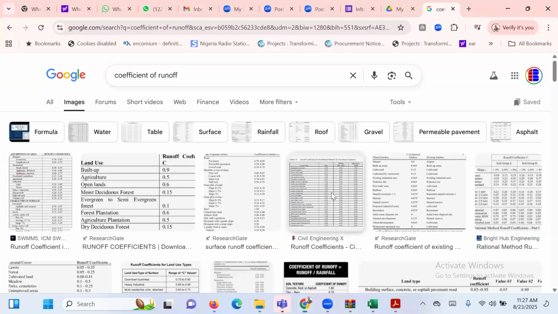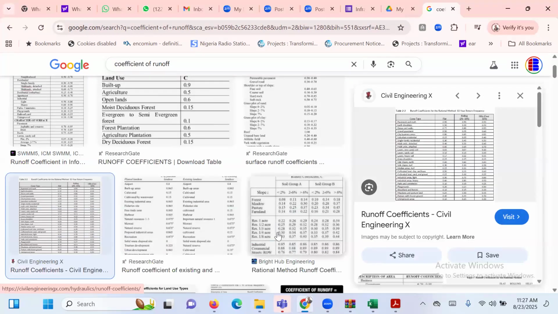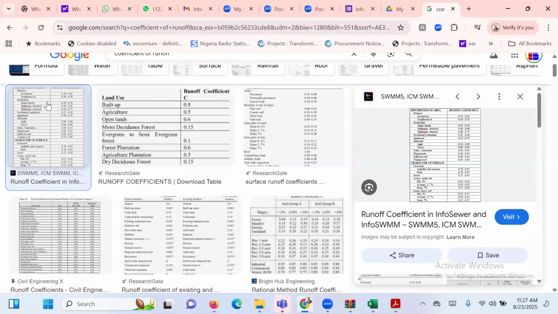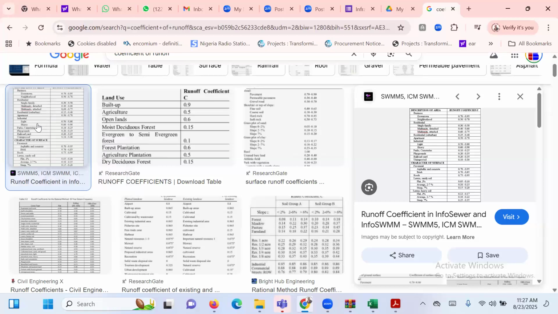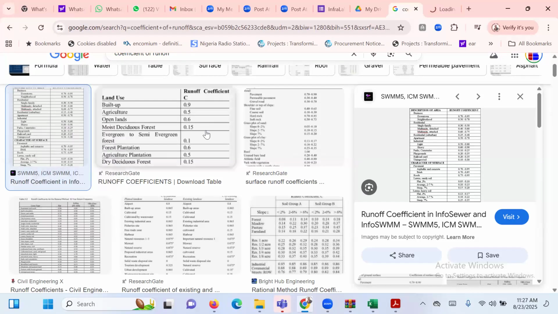So if you go now, let's say for instance, look at this material. If you click any material, it will give you the runoff coefficient. Look at it. It says land use. It says built up area, runoff coefficient is 0.9. It says agricultural place, 0.4. It says open land, 0.6.